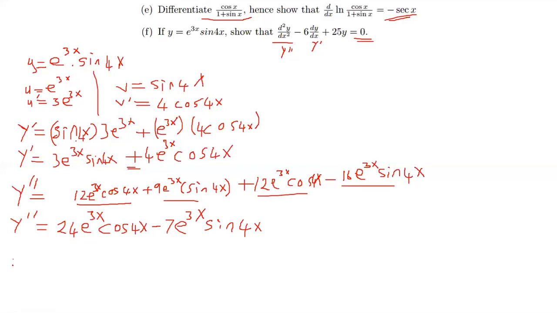So I'm going to rewrite this: 24e to the power 3x cos 4x, minus 7e to the power 3x sine 4x.